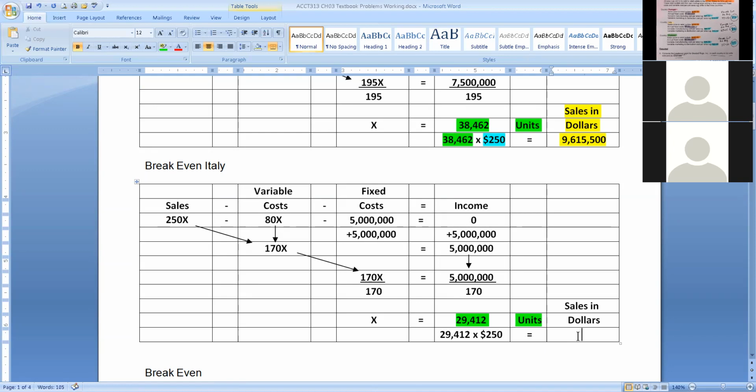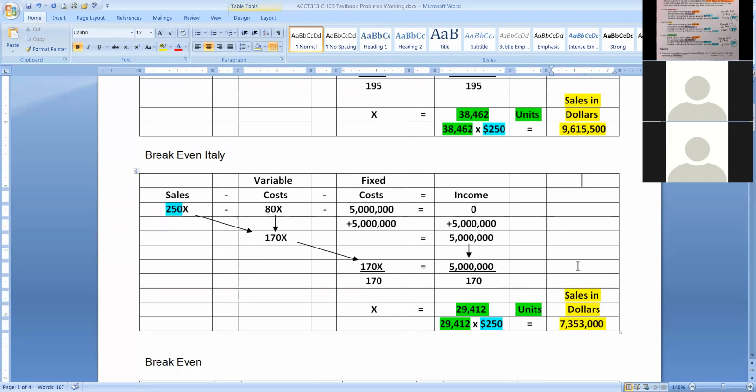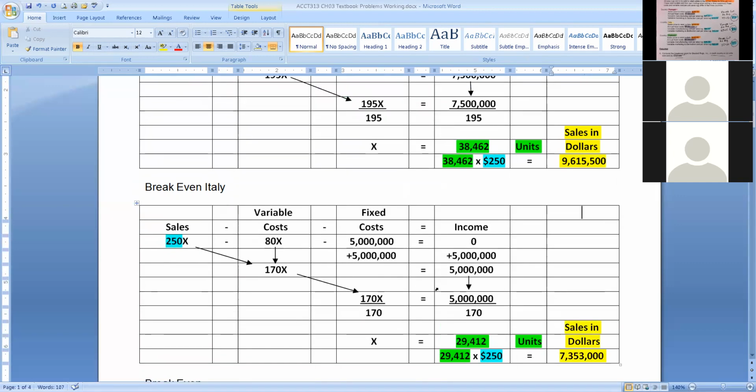So that will be the break even in dollar sales would be 7 million. Okay, so the break even is going to be a little lower for Italy.